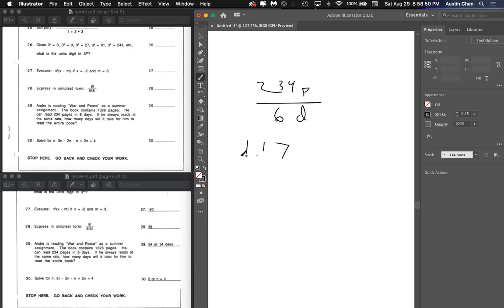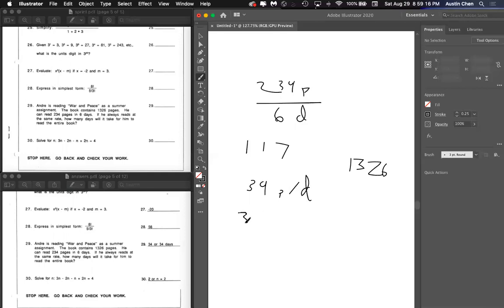And then we can divide that by 3 because the digits add up to 9, which is divisible by 3. So if we divide that by 3, we will get 39. So he reads 39 pages per day. And the book has 1326 pages. So now we just need to divide 1326 by 39.